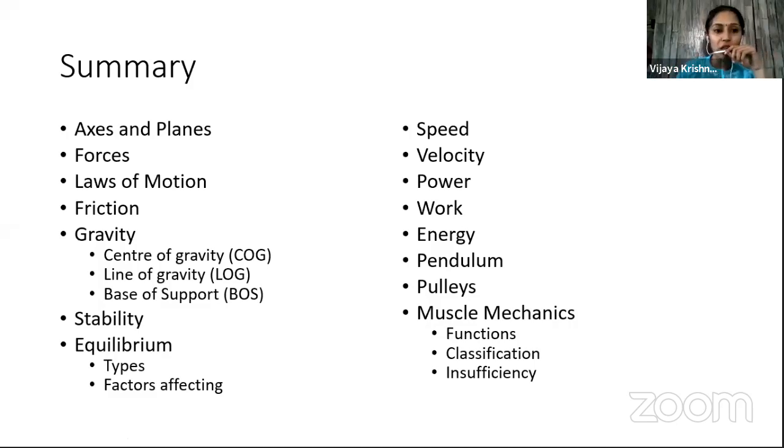Next we covered the laws of motion, that is Newton's laws of motion, which are three: law of inertia, law of mass and acceleration, and law of action and reaction. Okay, so these are the three laws of motion that we covered today.